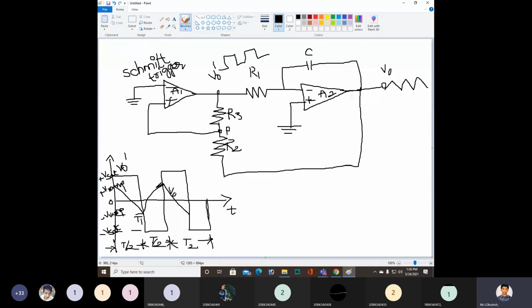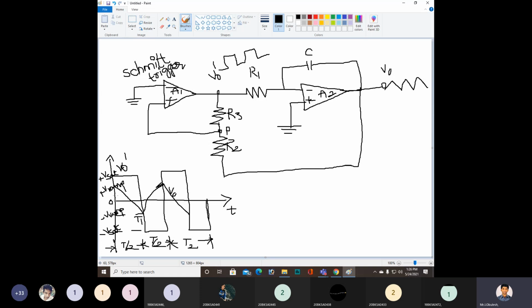That's one end of the voltage divider. This is the negative going ramp, and one end of the voltage divider R2 R3 is at positive saturation of A1, and the other is the negative going ramp of A2.